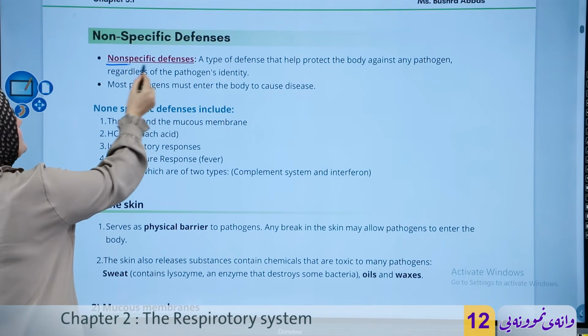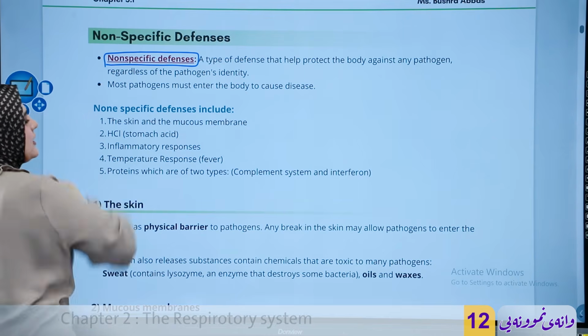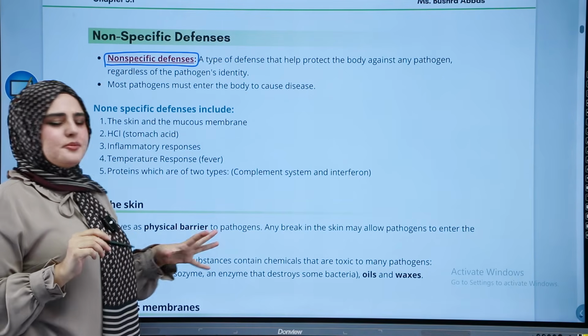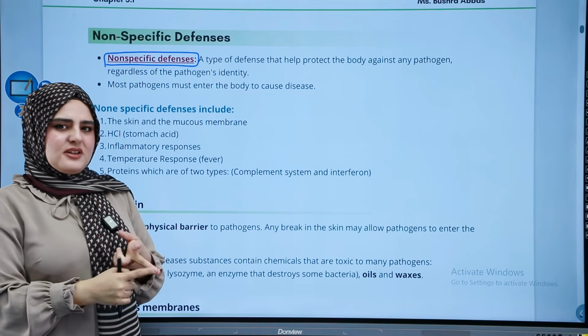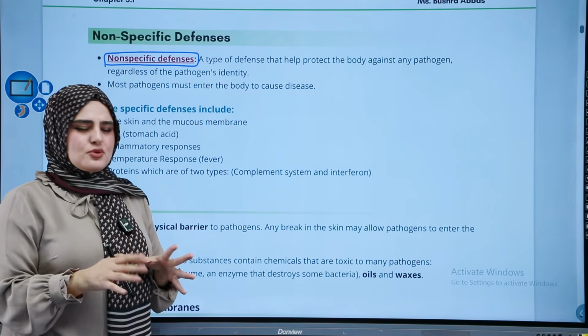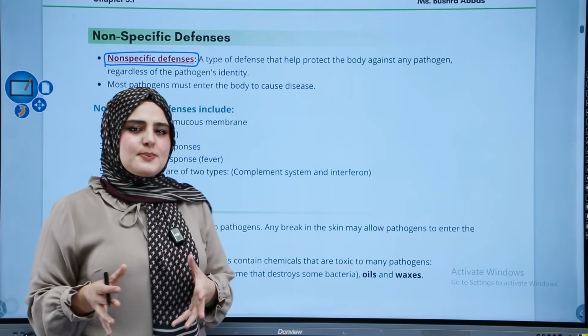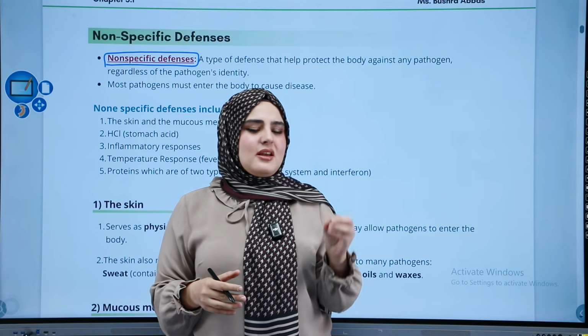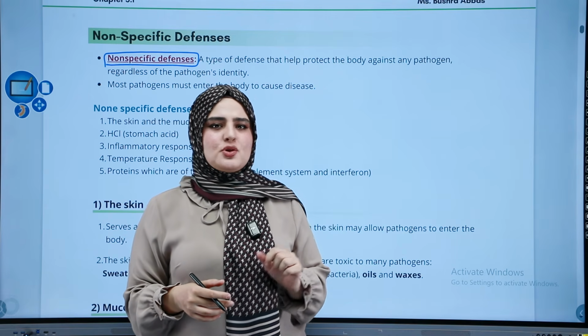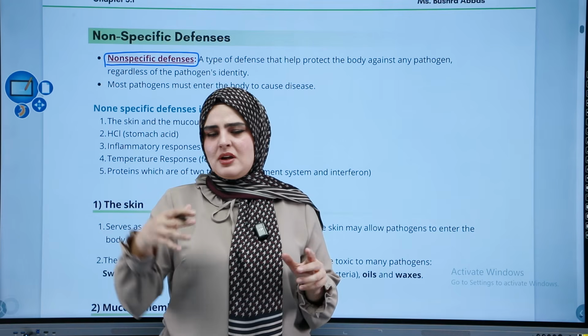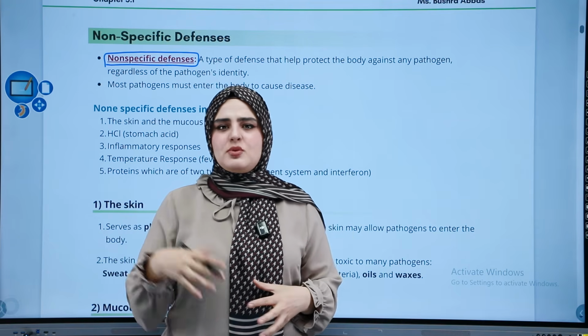Non-specific defenses. Let me tell you, we have in our immune system, or like our body protecting us, in two ways, either specifically or non-specifically. What's that supposed to mean? When it's non-specific, even if they don't recognize which type of pathogen this is, was it the botulinum toxic one, was it Clostridium, was it tinea?